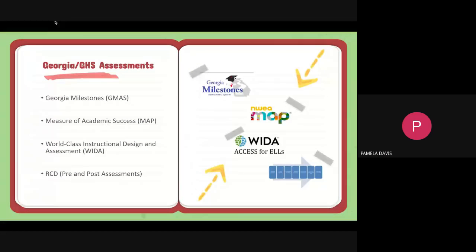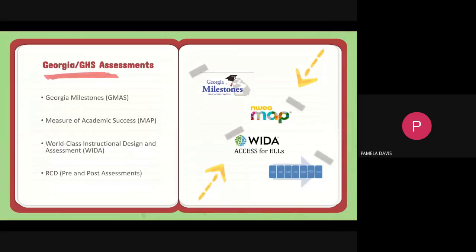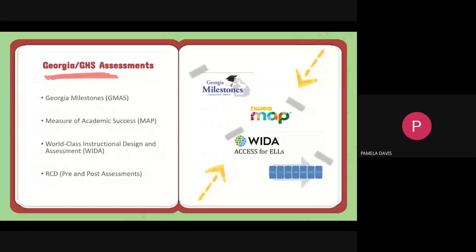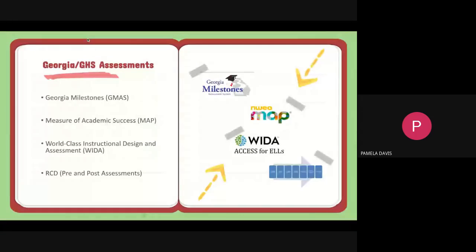Okay, and good afternoon again. We'll start with our state assessments, and we'll start with our Georgia Milestones, which we call End of Course for high school, and we usually use the acronym EOCs. The purpose of the Georgia Milestones is to measure how well students have learned the knowledge and skills outlined in the state adopted content standards in English, math, science, and social studies.